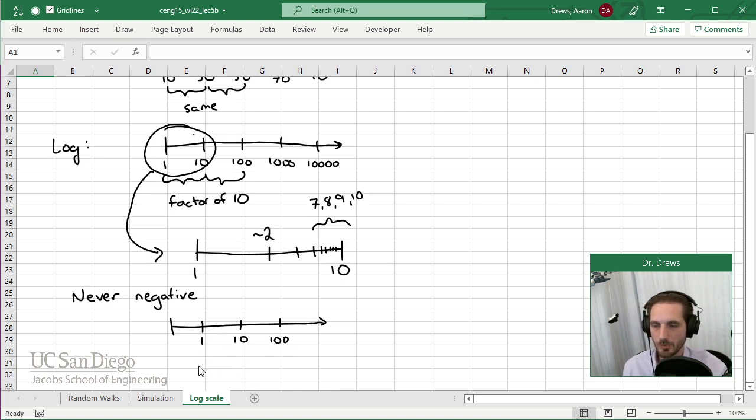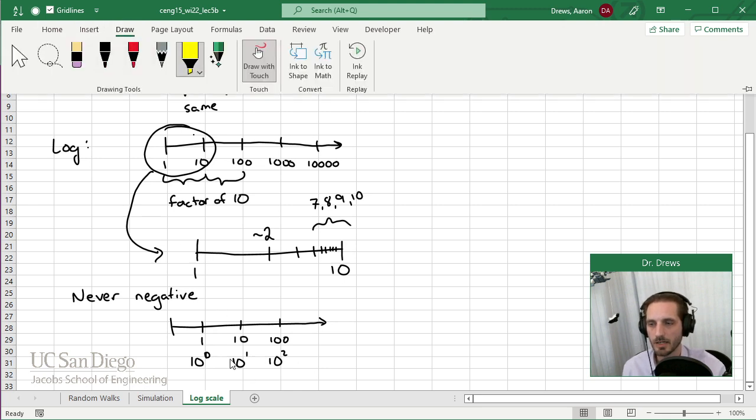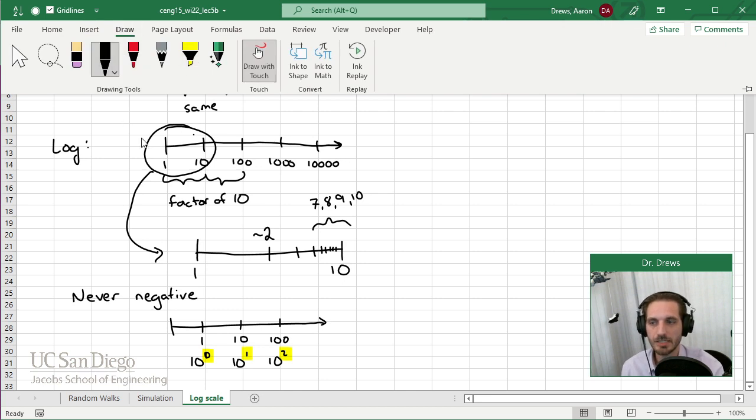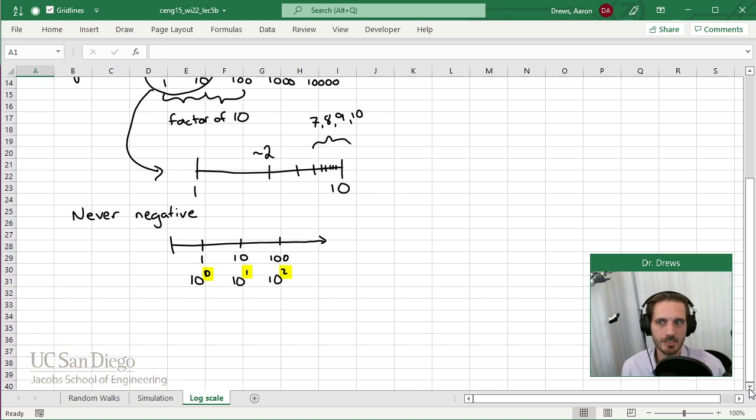More generally, we would represent that as 10 to the 0 power, and then 10 to the first power, and then 10 to the second power. It's those numbers in the exponent that are allowed to go negative. But the resulting quantity that we actually plot is, of course, never going to be negative, because 10 raised to a negative power is not a negative number, it's just a tiny number.